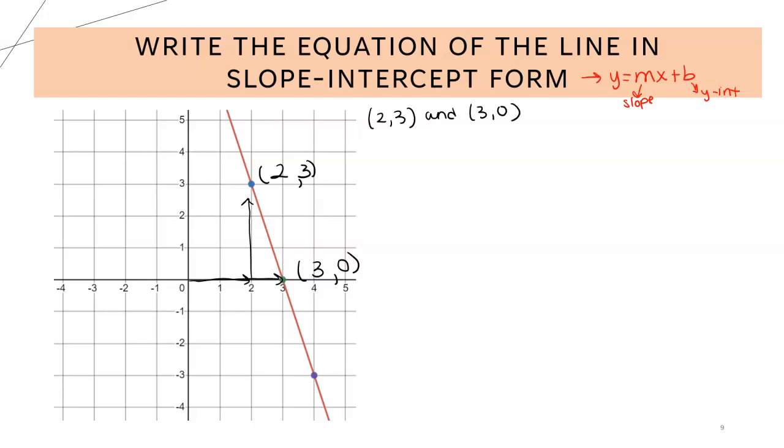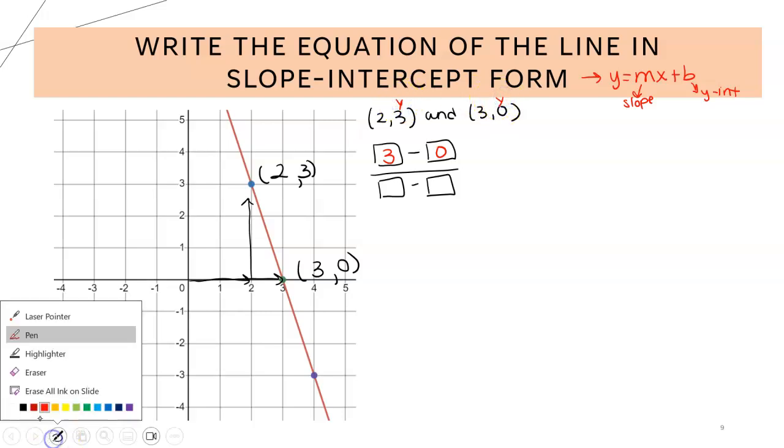Now, because we have a graph, I could count rise over run, but just for fun's sake, I am going to calculate the slope using the slope formula because a lot of times you will not be given the graph. So I'm going to subtract my y's. I'm going to go 3 minus 0. And again, it doesn't matter what order you do those in as long as you keep it consistent.